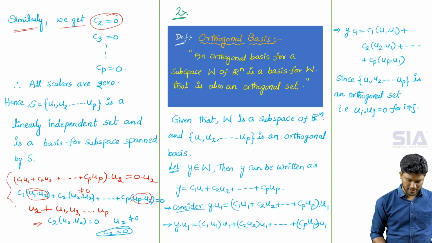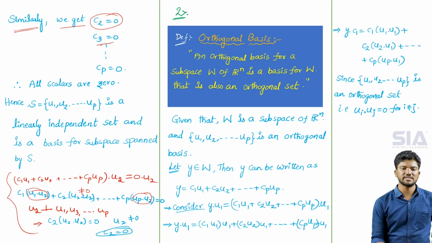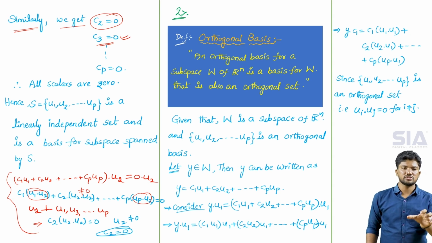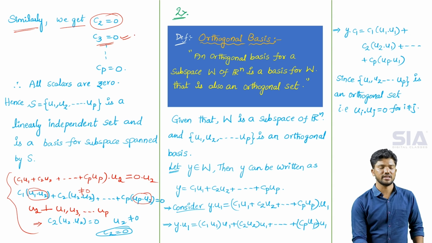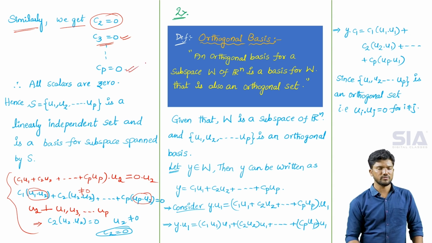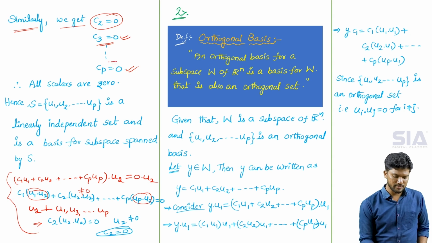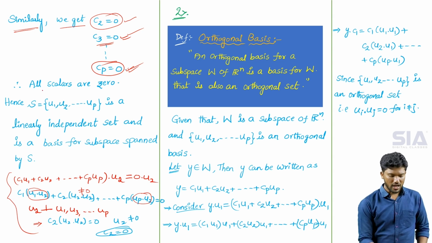That means if you proceed in this format. Next, if you take C3 in place of C suffix 2, and U suffix 3 in place of U suffix 1, again you will get C suffix 3 equal to 0. In place of U suffix 1, if you take U suffix P, then you will get C suffix P equal to 0. So here C suffix 1, C suffix 2, C suffix 3, C suffix 4, all are the weights, scalars.